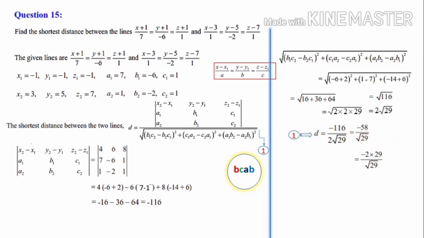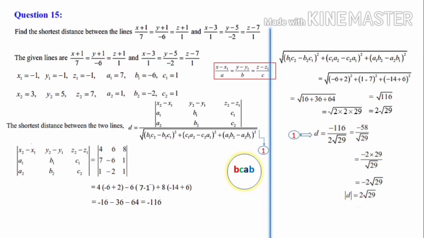That is one way. Or else you split 58. That is the way we are going to do now. Minus 2 into 29. Then here 29 and root 29 we can cancel it. Root 29 into root 29 is 29. So from there root 29 is cancelled. So numerator is balanced, 1 root 29, here minus 2. So minus 2 root 29.